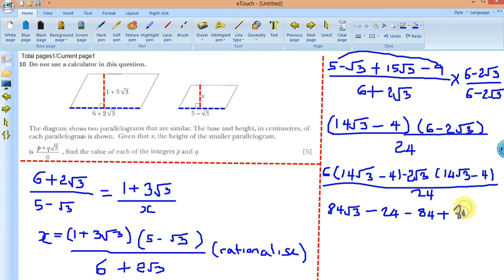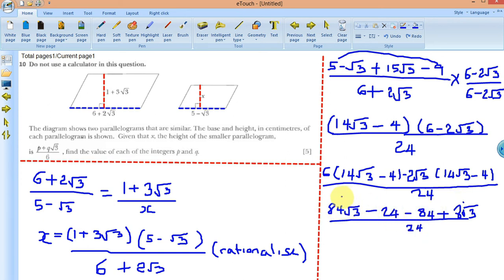Okay, so the best thing now is to factor out, but before I factor out, let me just combine now. This is 8 plus 84, so what is that? 8 plus 84, that is 92. So that is 92 root 3. So just copy this one first, this one here, and this one here. So that is 92 root 3, 84 plus 8, that is 92.